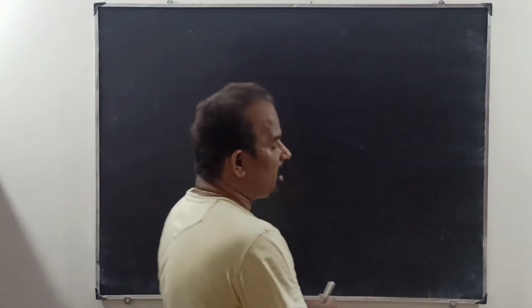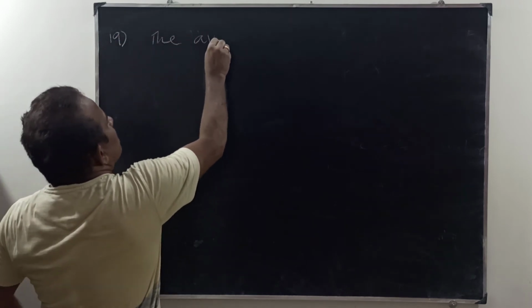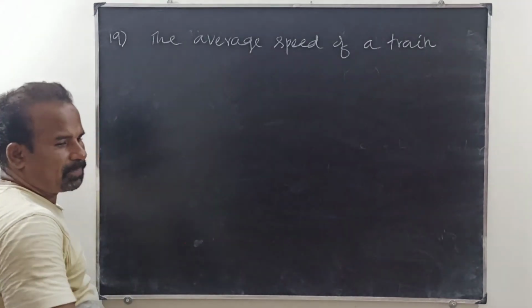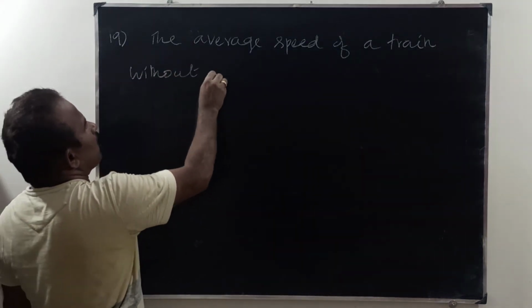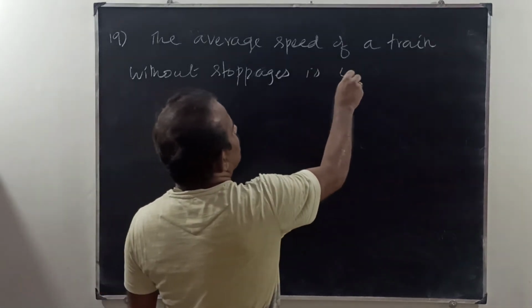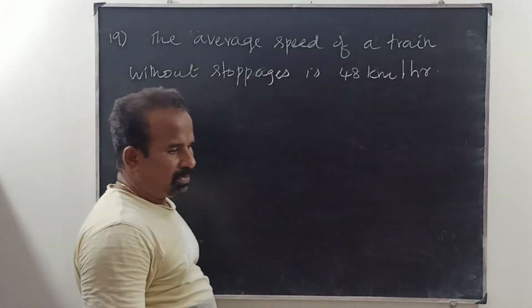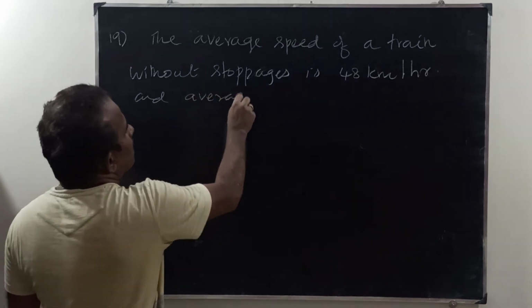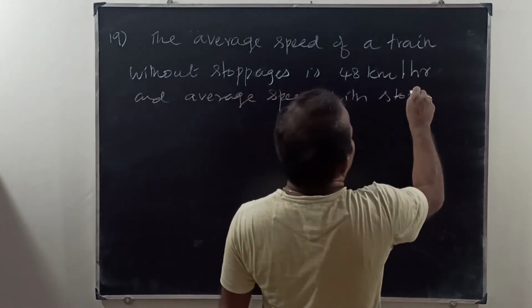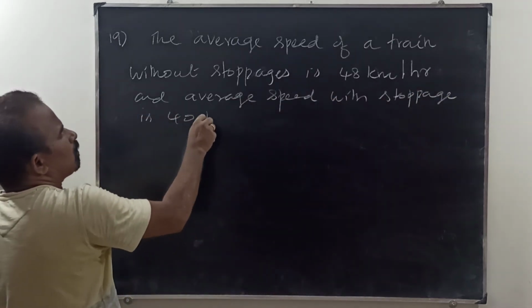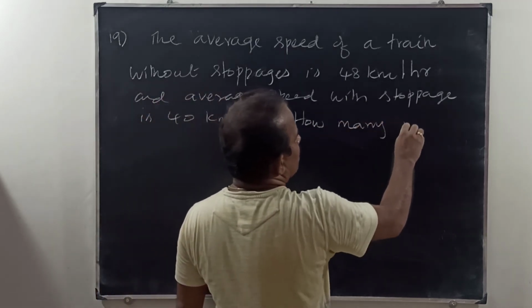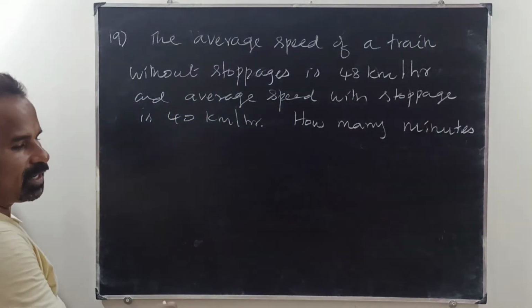Next question is the average speed of a train without stoppages is 48 km per hour, and average speed with stoppages is 40 km per hour.